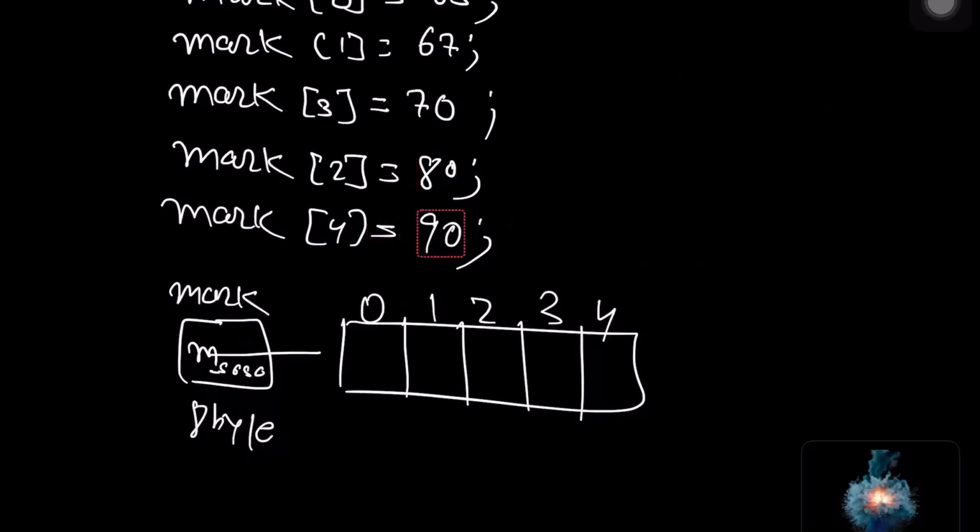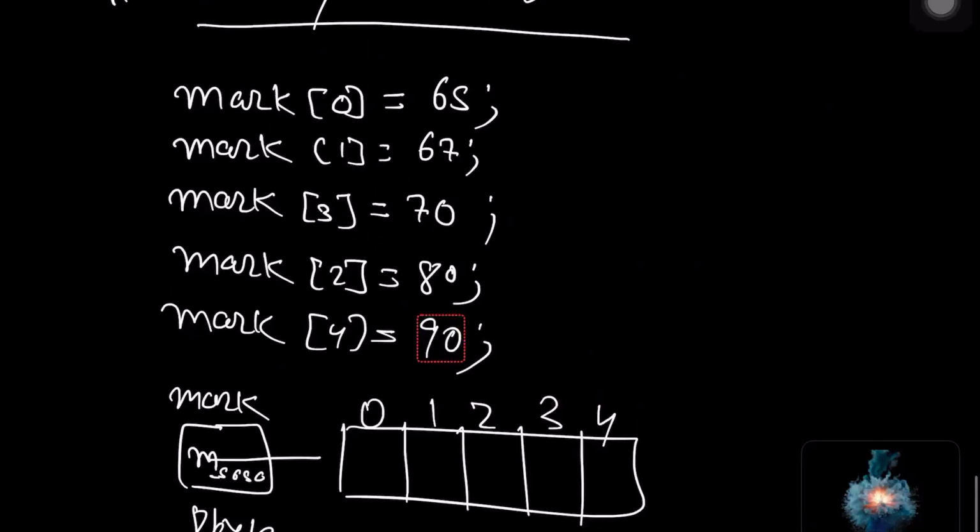So what did I assign to the first index? 65. Second is 67. Third index, sorry, 70. Second index 80. Fourth index 90. Clear? So this is one of the ways we can do initialization.